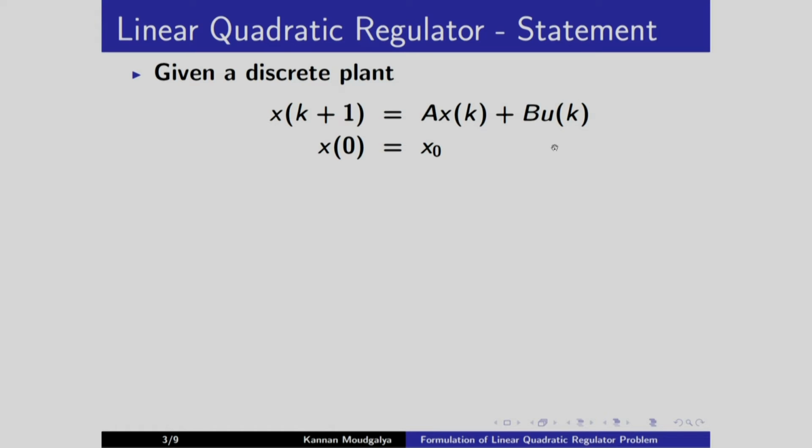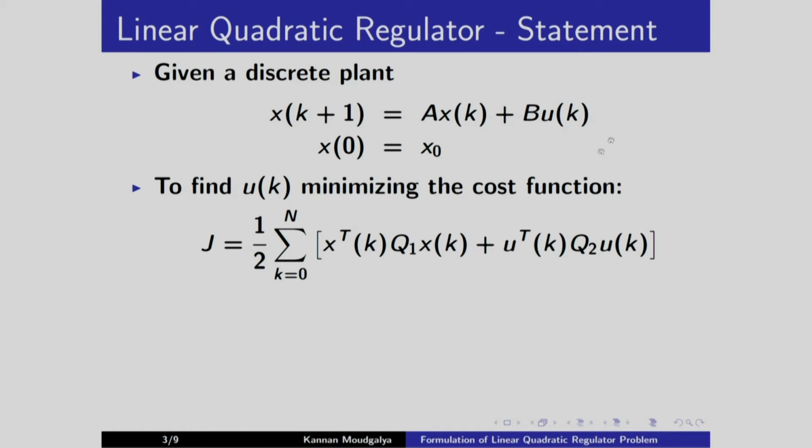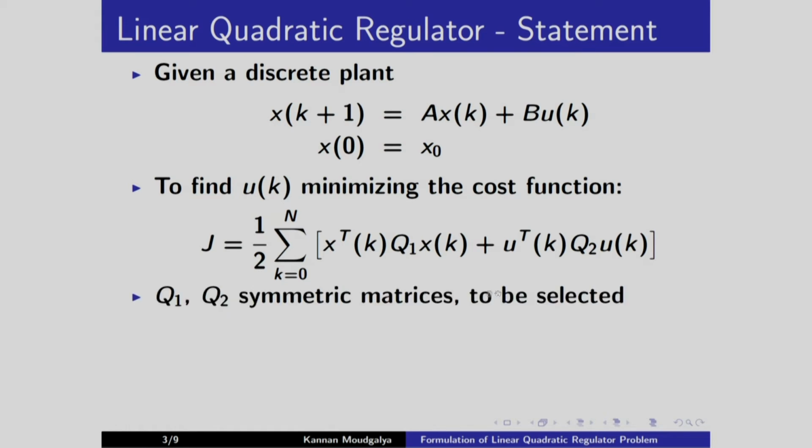Let us consider our standard discrete plant model as given here. Let us try to find the control law u k minimizing the following cost function. Notice that this is somewhat similar to the index that we minimized in the model predictive control.